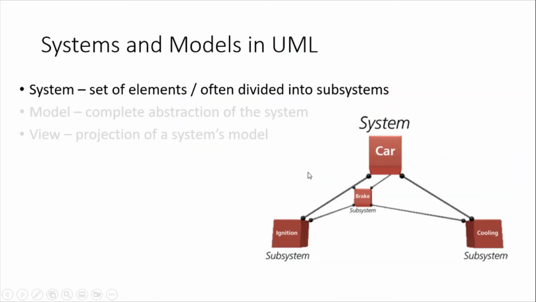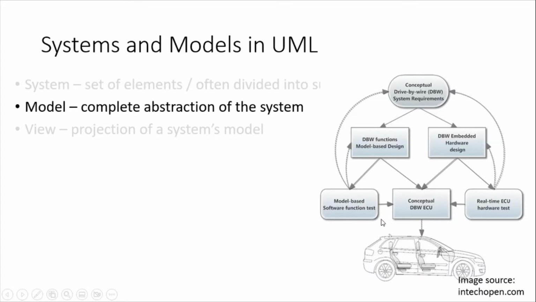For the systems and models in UML, we do have a system, which is a set of elements and often divided into subsystems. So in this example, car is a system which is divided into ignition subsystem, brake subsystem, and cooling subsystem. Okay, the next one is the model.